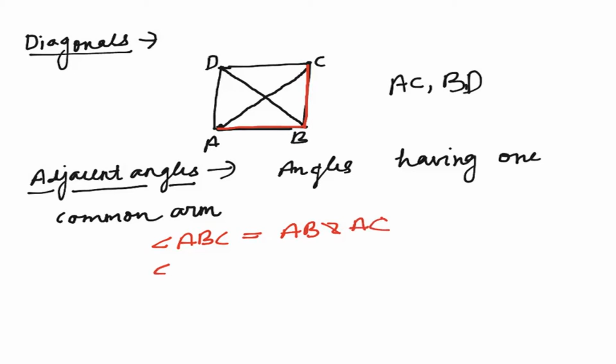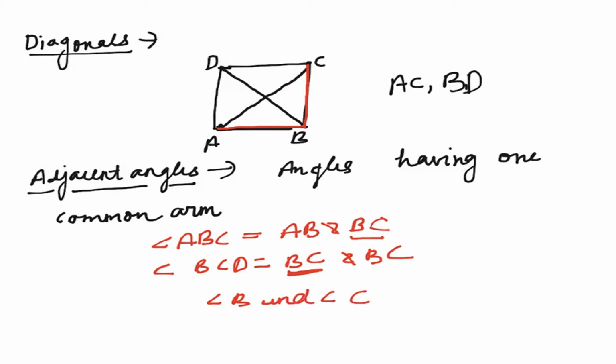And if we talk about angle C, or angle BCD, it is between the arms CB and CD. So clearly these two angles, angle B and angle C, have the common arm BC between them. So it means angle B and angle C are adjacent in this figure.